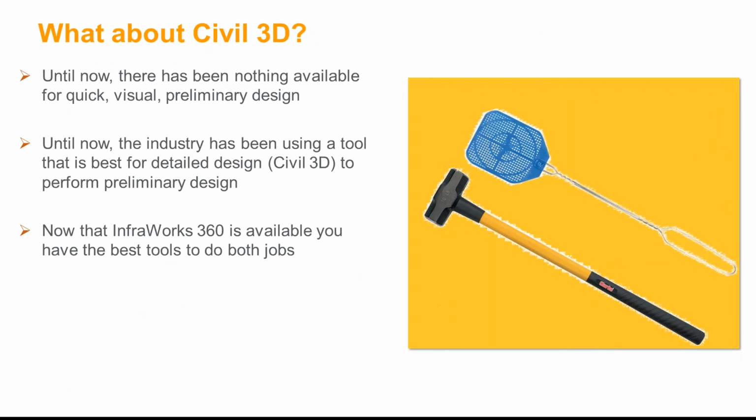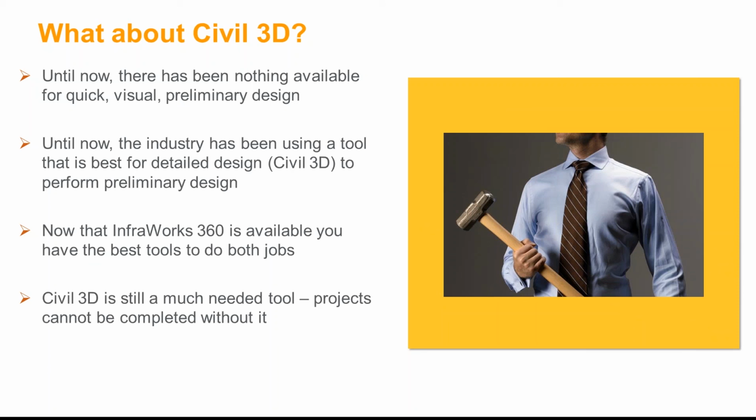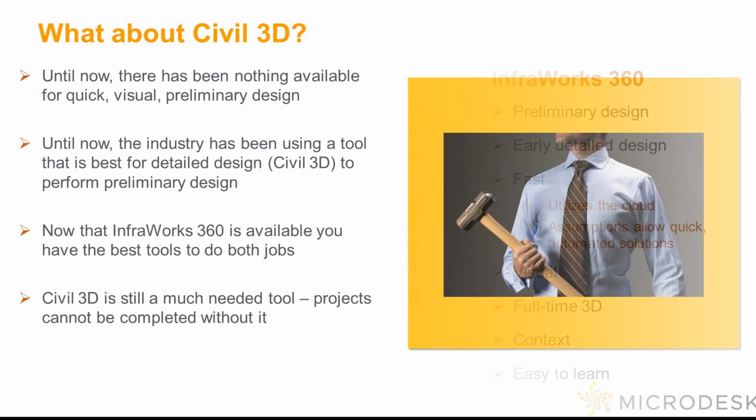So what we're saying here is let's use the power of InfraWorks 360 in conjunction with Civil 3D, so that we have both the tools that we need available, so we can use the right tool at the right time. And InfraWorks can lay out the preliminary stuff, and then that work isn't lost. It can be brought into your Civil 3D, where we can then take that to the next step, move forward, and finalize the design with something a lot more accurate in your construction documents.